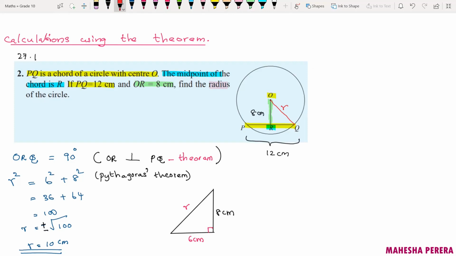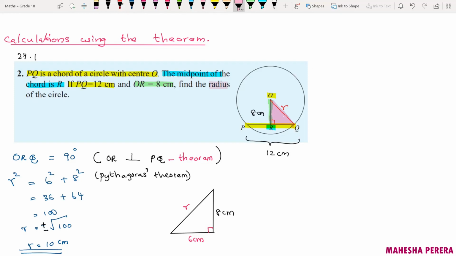Now, according to our theorem, we know that here we have 90 degrees, and this triangle is a right angle triangle now. So when we see a right angle, we recall the Pythagoras theorem.